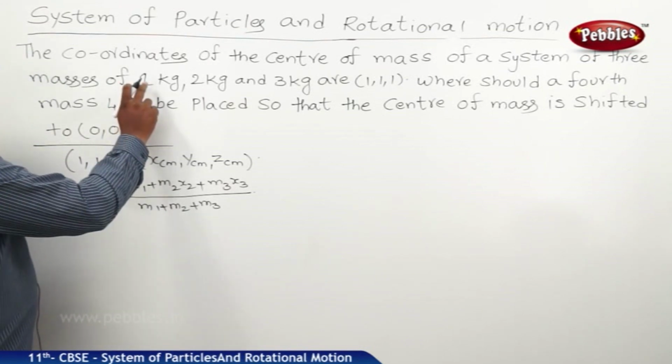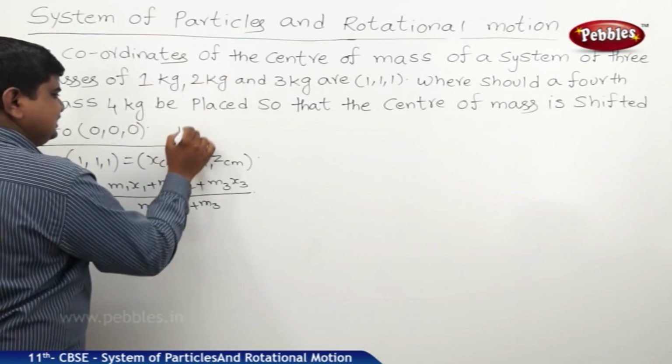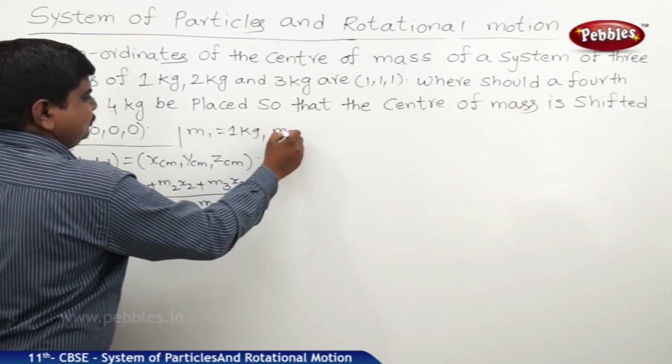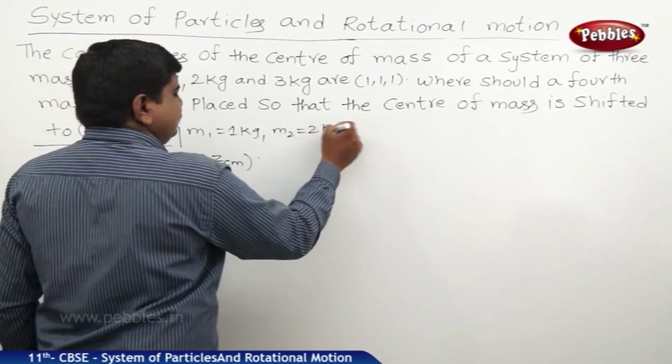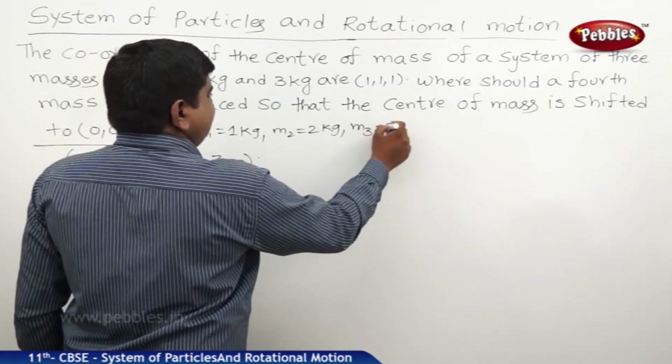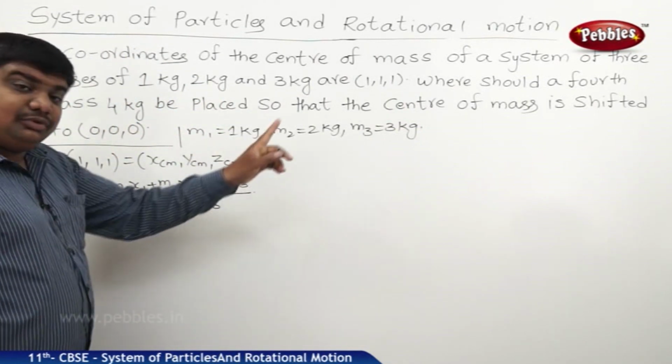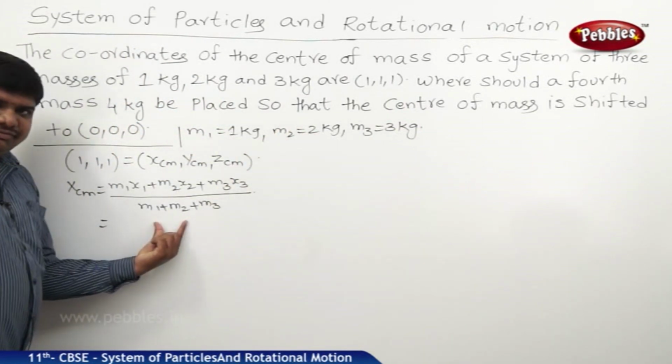The masses are 1, 2, 3, so m1 is equal to 1 kg, m2 is equal to 2 kg and m3 is equal to 3 kg. Now I am substituting these m1, m2, m3 values in this formula.